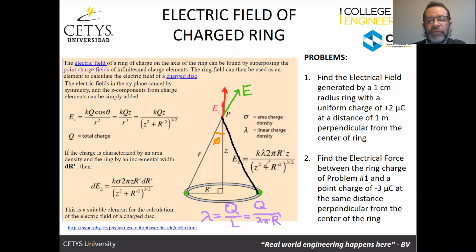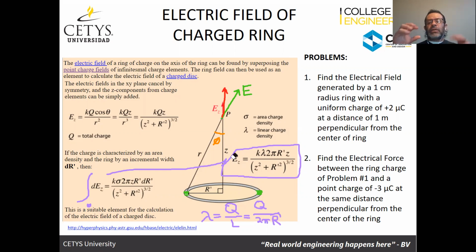Once we substitute all of these here, we can calculate the differential, and by integrating this differential from 0 to the perimeter, we are going to be able to get this expression in the end here, which is the total electrical field that's going to be given by the ring at this point that's located at a distance z.